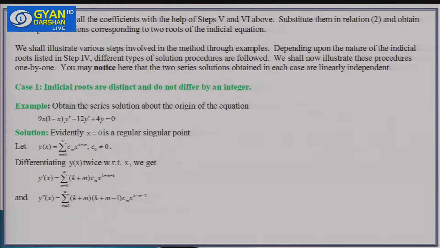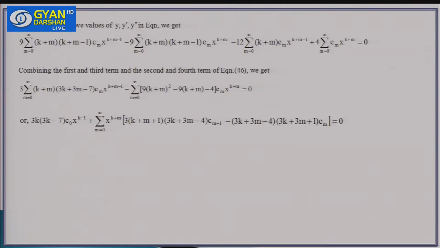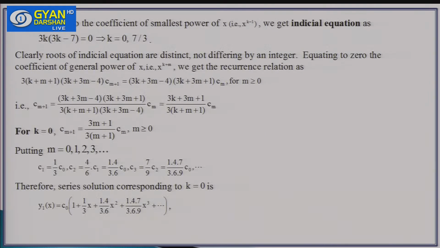Then we have taken the solution in this series form, and we have taken the derivatives and put them in the original equation. Then you equate the coefficients of x to the power k on both sides, and you will get this indicial equation, and from there you get the values k equal to 0 and 7/3. Obviously you can see their difference is not an integer, so we can use this technique.